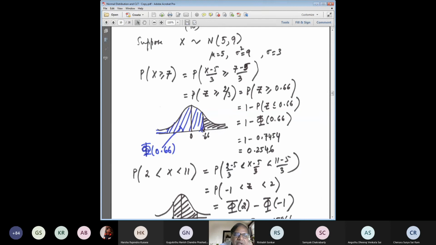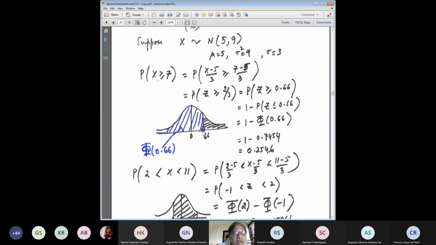So don't get confused, because people generally take sigma equal to 9. You first write that mu is equal to 5 and sigma square is 9, and then you get sigma equal to 3. Otherwise, what people do is, since 9 is there, they divide by 9. That is wrong. The standard symbol is normal mu, sigma square. So mu is 5, sigma square is 9.